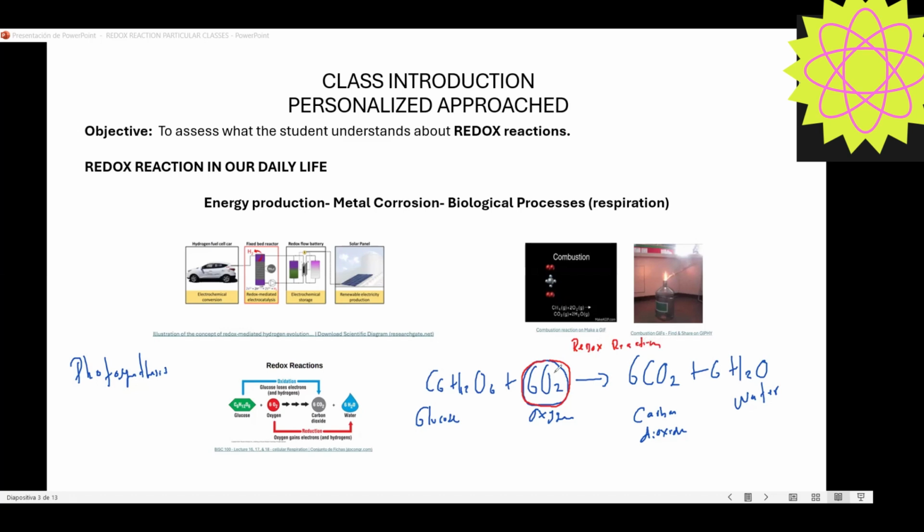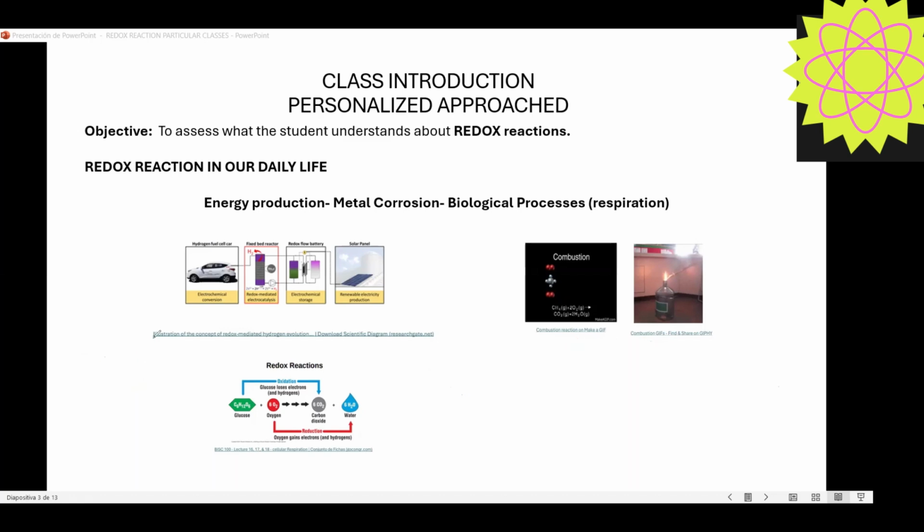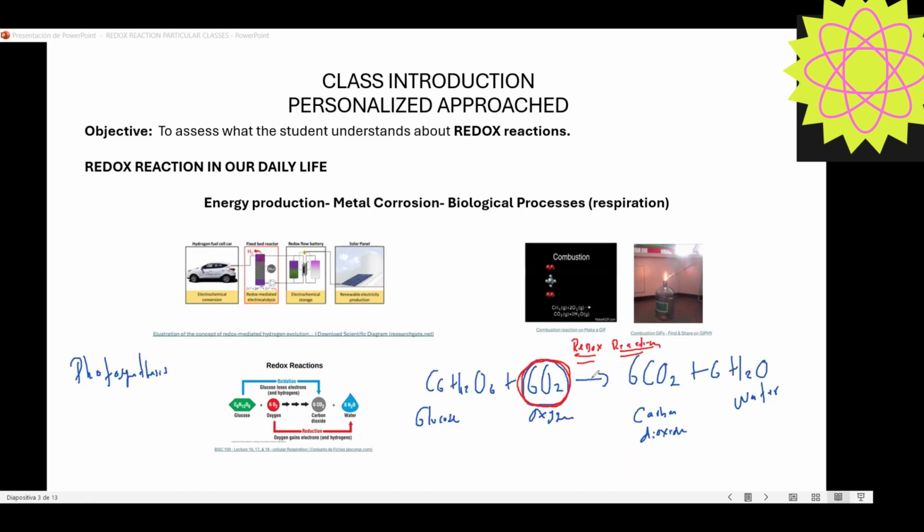Why? Because there is a pure substance. When you find pure substances, all right, that's going to be a redox reaction for sure. As you can see, for example, the oxygen, that is this part of the equation that is in the reactants, is going to gain electrons, right?